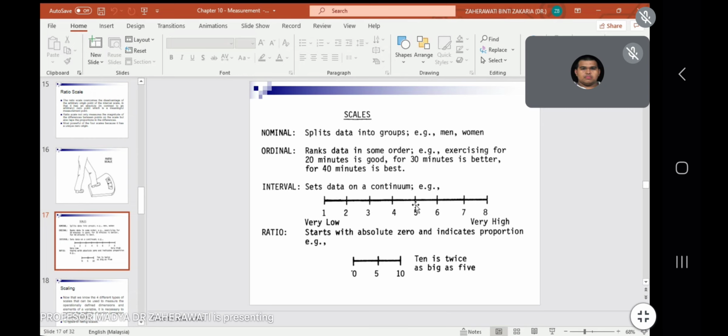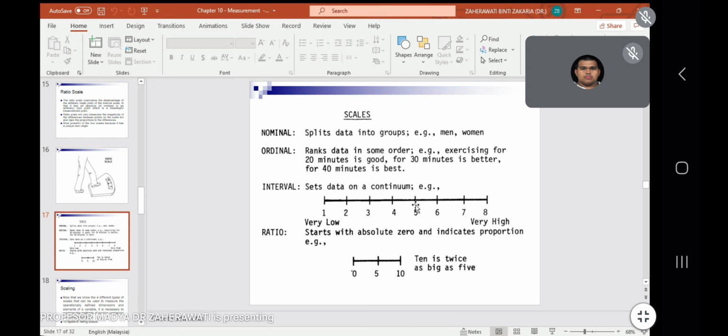If it is agreement, whether you want to know the degree between them: one, totally disagree. Number two, disagree. Number three, normal or neutral. Number four, agree. And five, totally agree.